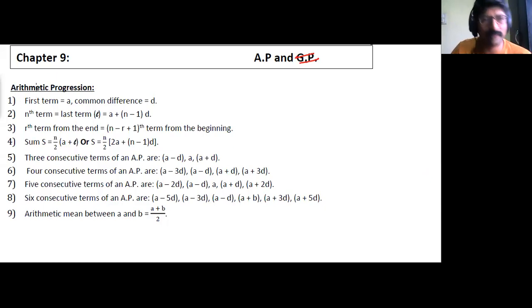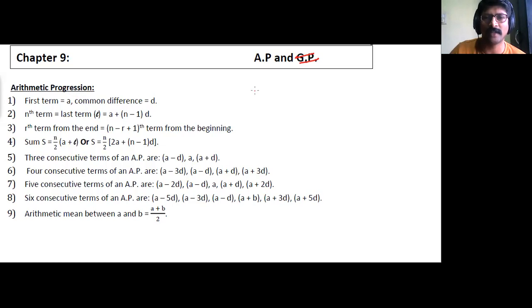Now, what do you mean by arithmetic progression? Arithmetic progression means something like this. Suppose there are a few terms which are either increasing in order or else decreasing in order. Progression means it is going in one direction, okay? Either in the increasing order or else in the decreasing order.